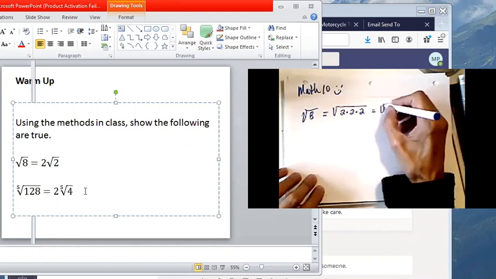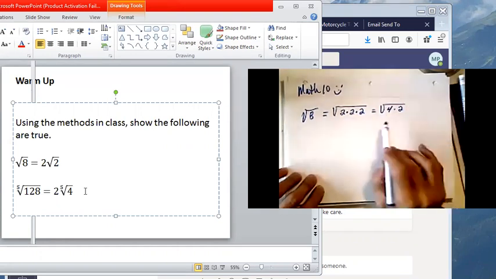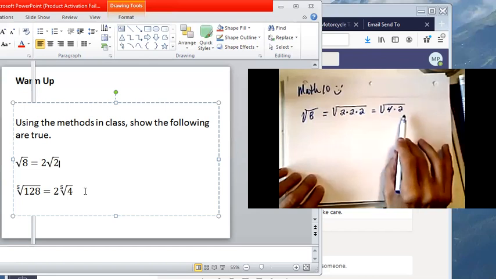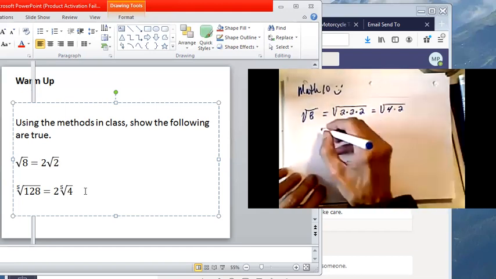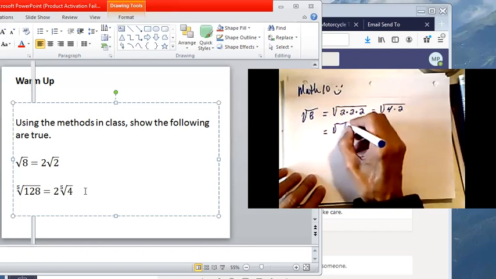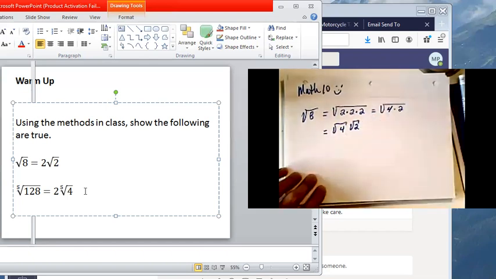Nice. So what we can do, we can write this as a square number and then some other number, right? This is the same thing as square root of 8. With square roots, we are allowed to split them up. Looks like this.